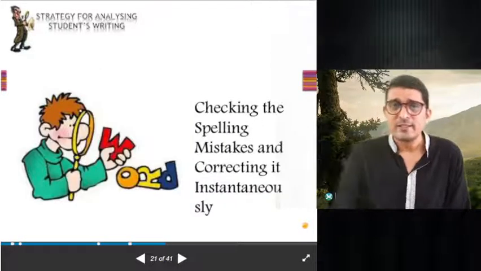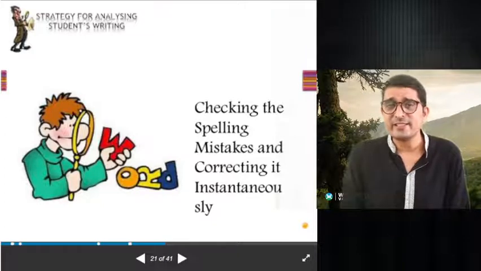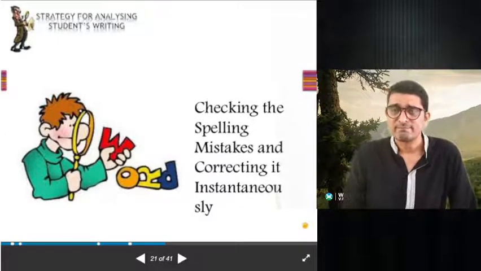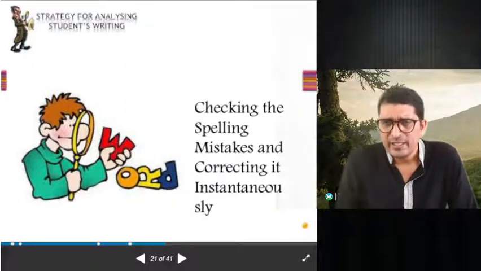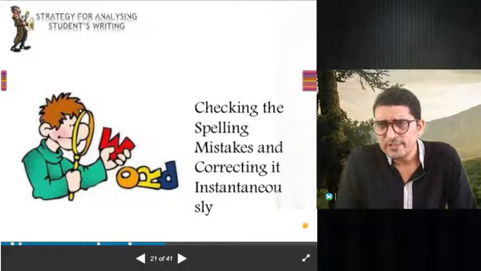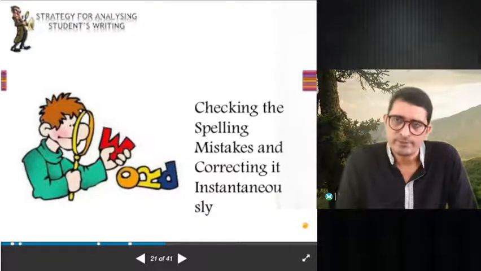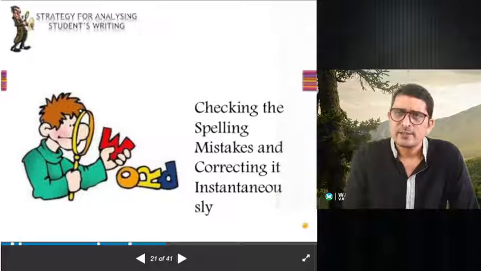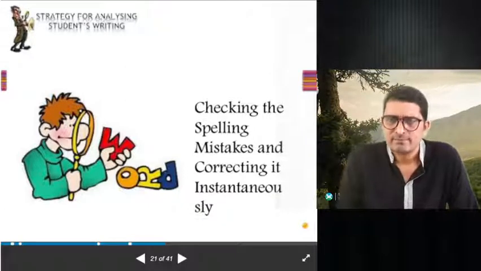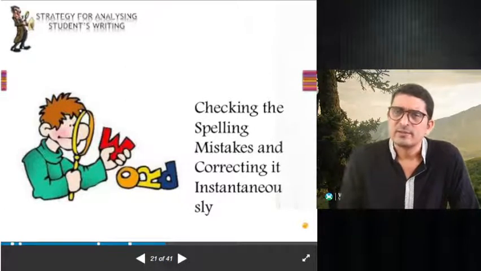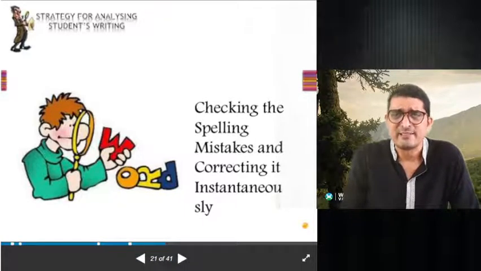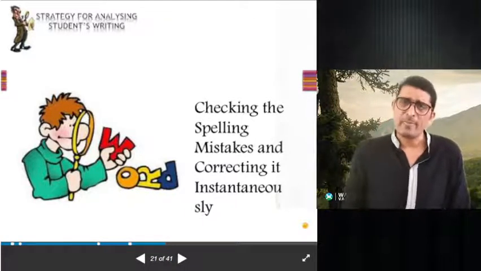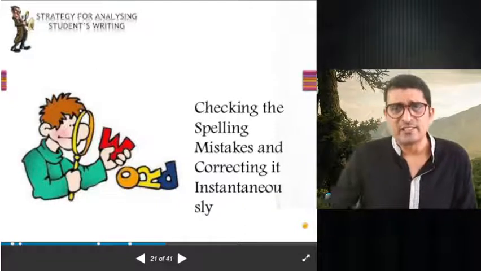Then checking the spelling mistakes and correcting them instantaneously. You should check the spelling mistakes, and you should correct them on the spot. Just correct the faults and write or scribble the spelling corrections there itself.